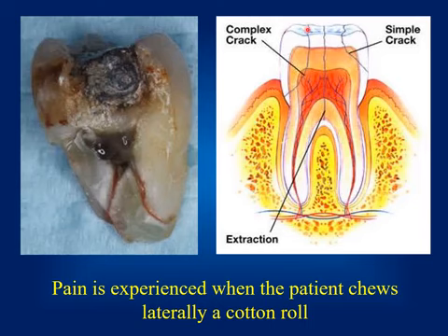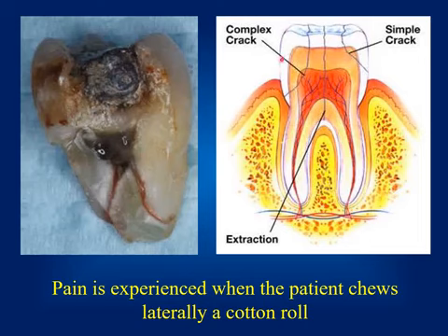If my crack or fracture is in the crown, let's say in the enamel, so it's a simple crack. We can do a filling. If it reaches to the dentine, the treatment is still a filling.